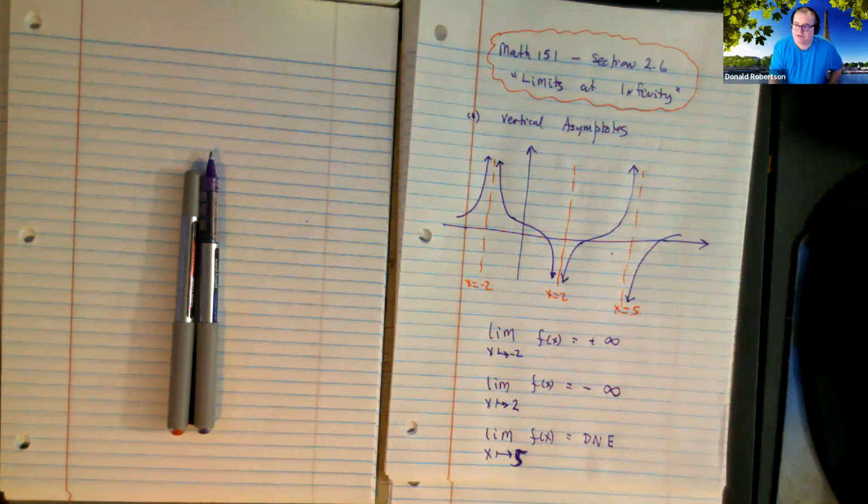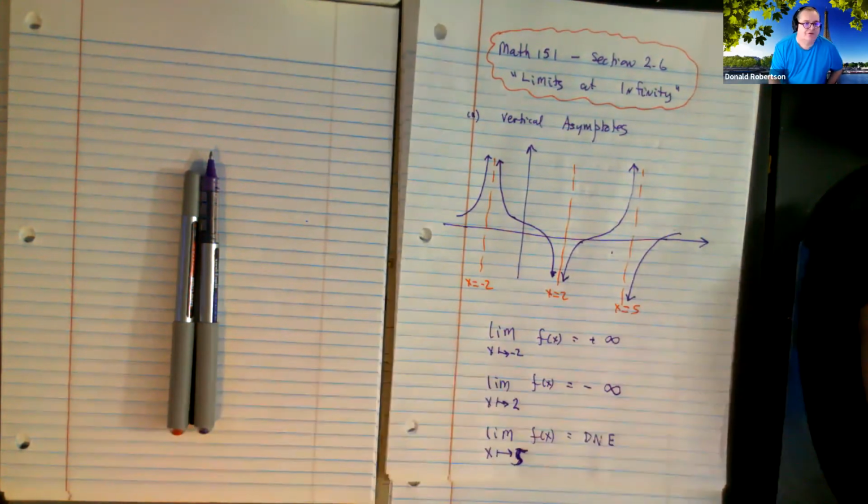So I'm going to change pictures for a second. I'm going to draw some vertical asymptotes, and I'm going to tell you what I'm drawing, but you won't see it. And then I'll make it appear, and we'll see whether your mind's eye would be the same as mine. If it helps you, draw a little sketch of what you think I'm drawing.